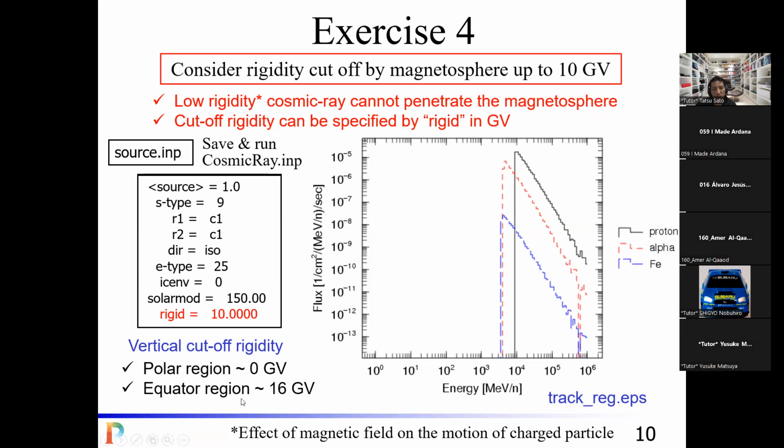But at the equator region, the vertical cutoff rigidity is 16 gigavolt. So in the case of protons, protons with energy below 16 GeV cannot be incident to the atmosphere at the equator region. So only very high energy protons can be incident to the atmosphere.